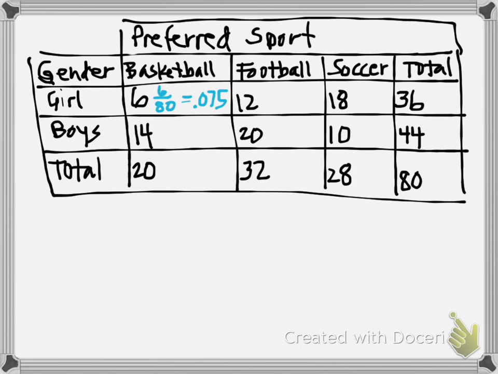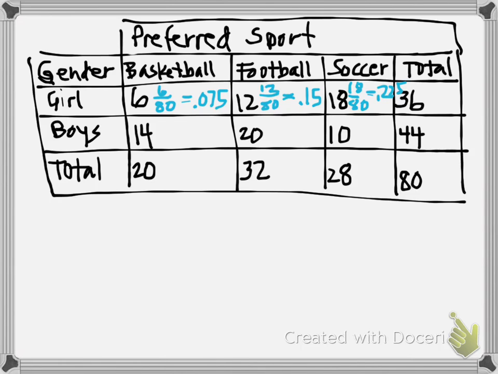Okay? Now for football, 12 girls chose football out of all the students who they surveyed. And again, if you did the division, you would get 0.15. And then with the soccer, we would have 18 out of 80. And again, if you did the division, you would get 0.225.